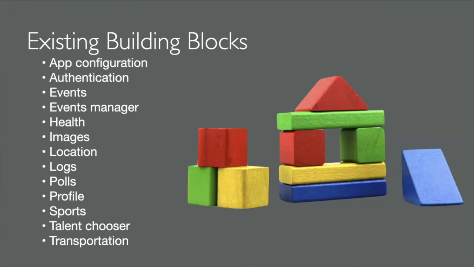So we have things such as configuration and authentication, events management, health, which we'll touch on in more detail later, and several others in here that are basic. What these do is provide access to the necessary data and API interfaces on the back end that bring the information forward to the user that enables their experience.